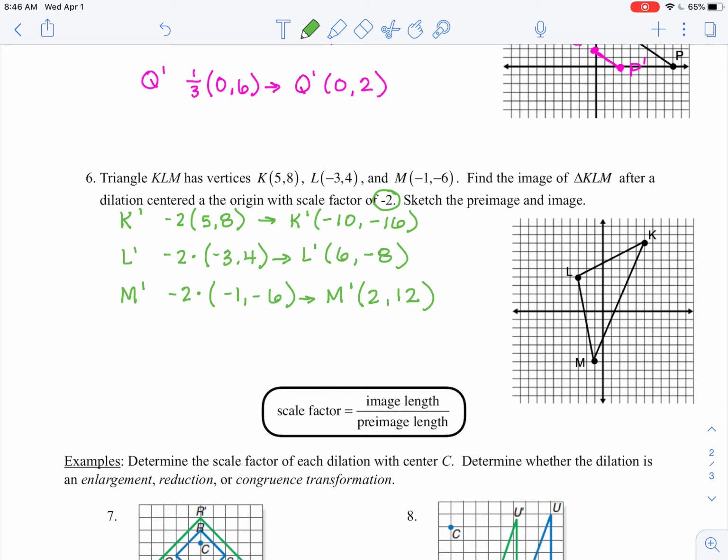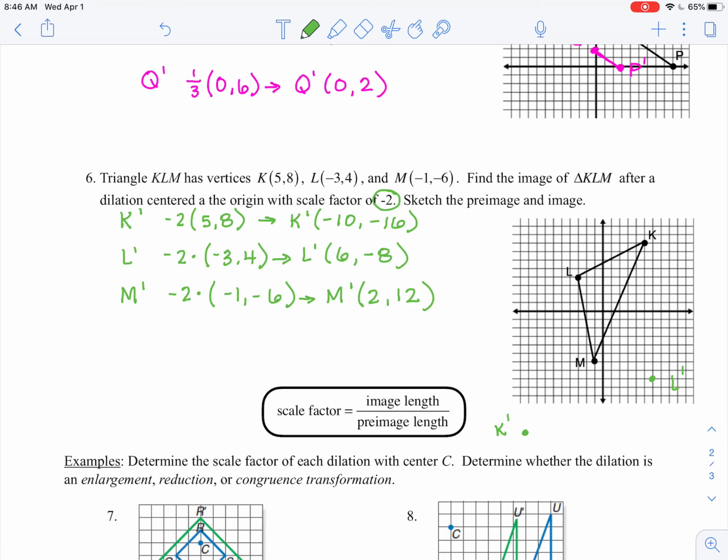So let's plot our new coordinates. K prime is off of the graph. It should be about here. L prime is at (6, -8) over here.